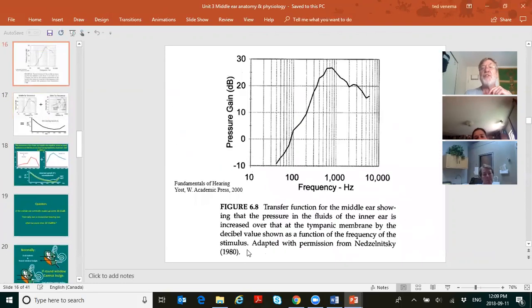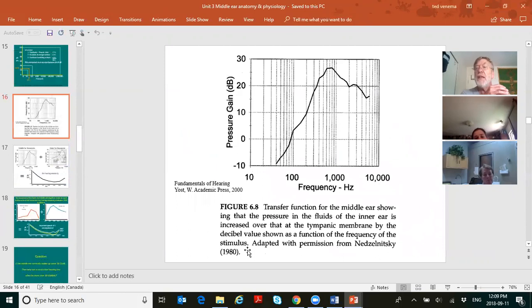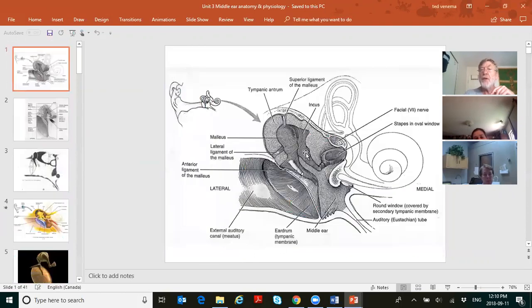Now your middle ear also has resonances. If I go to the home slide here, you know how we described a couple of weeks ago that the outer ear, its shape and the ear canal, like a wine glass at Christmas, have a resonance, right? Mass and stiffness, quarter wave resonator, all that jazz. Well, guess what? Your middle ear also has resonances.